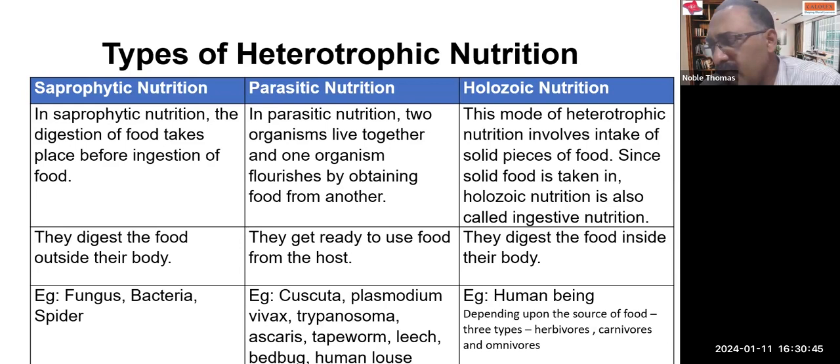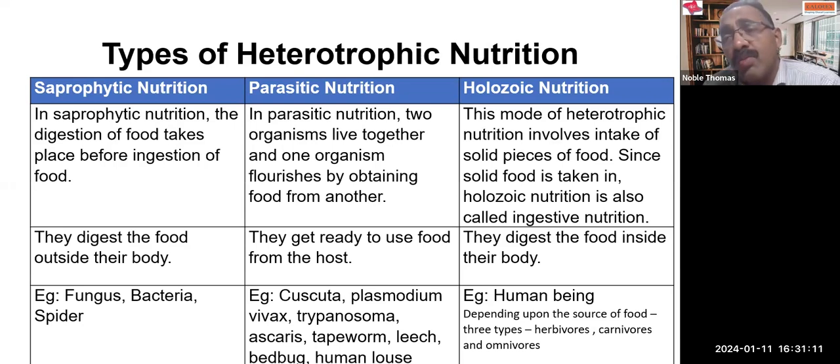Number one, if an organism is digesting its food outside its body, maybe because they do not have any digestive system at all. For example, fungi don't have any digestive system. Their cells are incapable of digesting food, but they do make digestive enzymes.